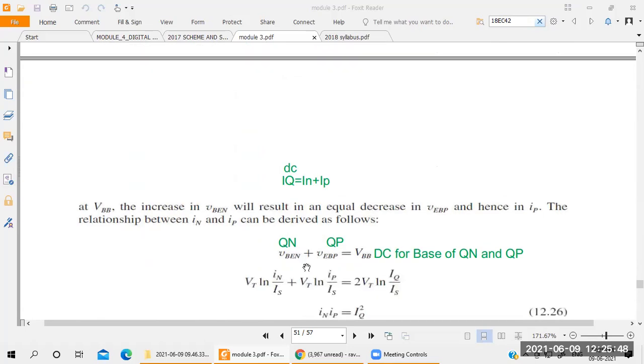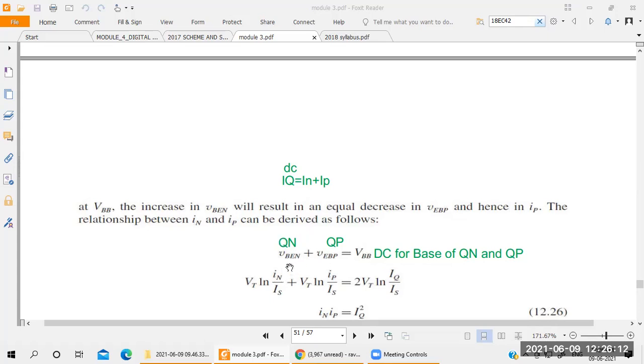So you can take the combination of the VBB for the VBN and VBEP. VBEP is VBP, it's for the PNP transistor, and VBN for the NPN transistor. And so here the base voltage should be equal to VBN plus VBP.